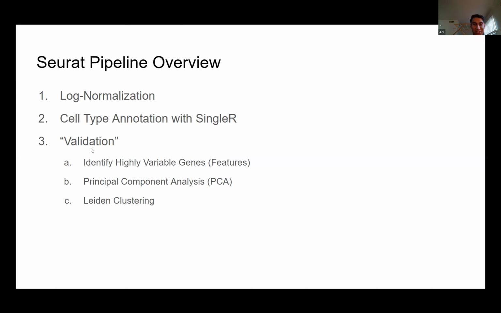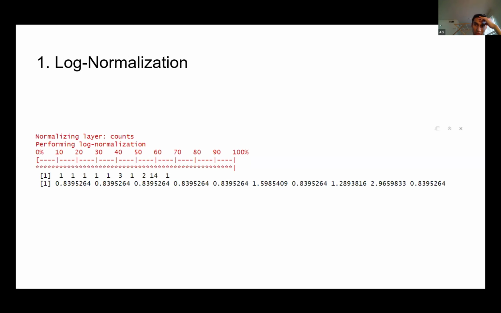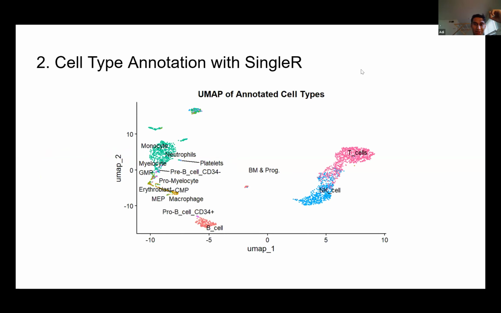So I'll be doing a validation using the traditional pipeline where I identify highly variable genes, use PCA, and then Leiden clustering, and use other methods for visualizing these steps. Let's just start with log normalization. This is what it looks like, very standard: just normalize these values and scale them. Then you can do the cell type annotation, and here you have them projected onto a UMAP.